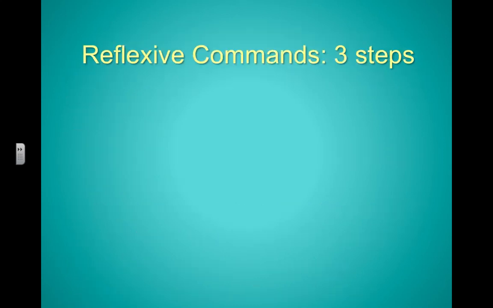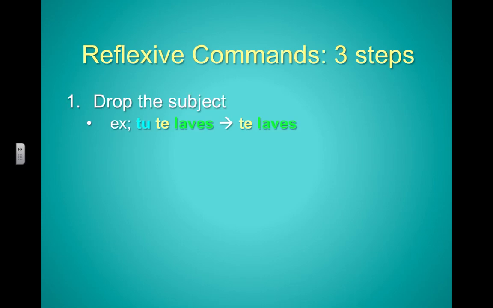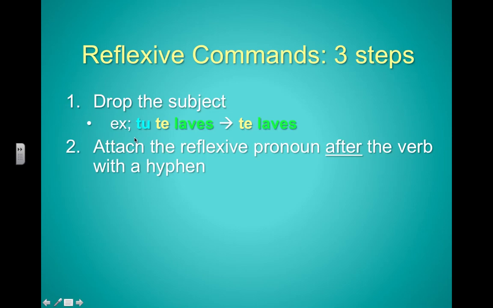So reflexive commands are pretty much just as easy, except we have a little extra step. The first thing you're going to do is get rid of the subject, which you can see in blue. Here's my subject too, so we get rid of that first. Now I'm left with my reflexive pronoun and my verb. What you do is you attach that reflexive pronoun, that yellow guy, after the verb with a hyphen.